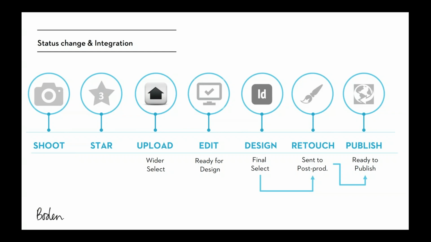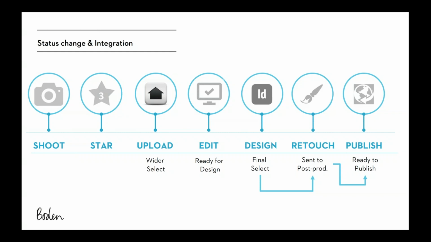We allow them to upload onto the system. So they're using a starring convention. So during the editing, any images that are starred will go onto the DAM. This will also help the graphic designers later down the line to see what the art director's favorite edits are, looking at the number of stars.